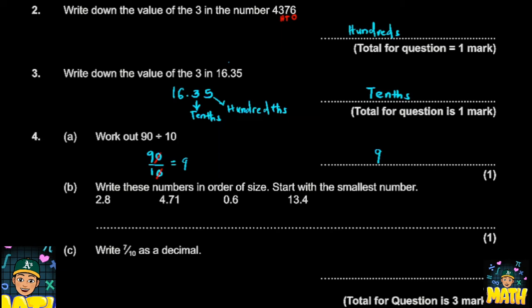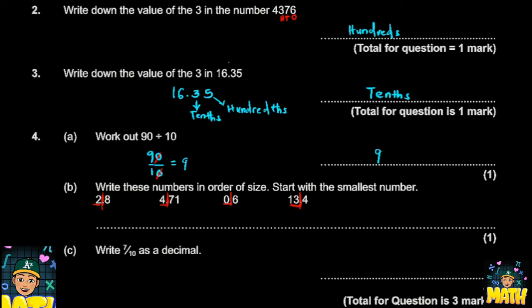All right, ordering numbers. In this case, we have decimal places. You have to take note of the numbers before the decimal point and the numbers after. Look at the ones before the decimal point first, and if they are not the same, you can use that to order your numbers from smallest. I'm going to use a line to divide those numbers so that we can see the ones before the decimal points. We have 2, 4, 0, and 13.